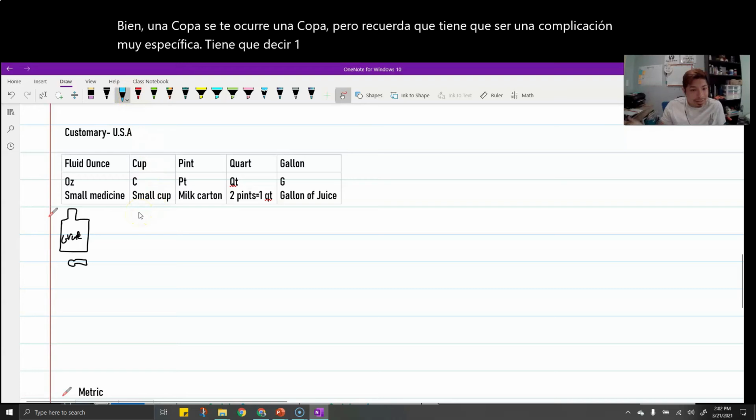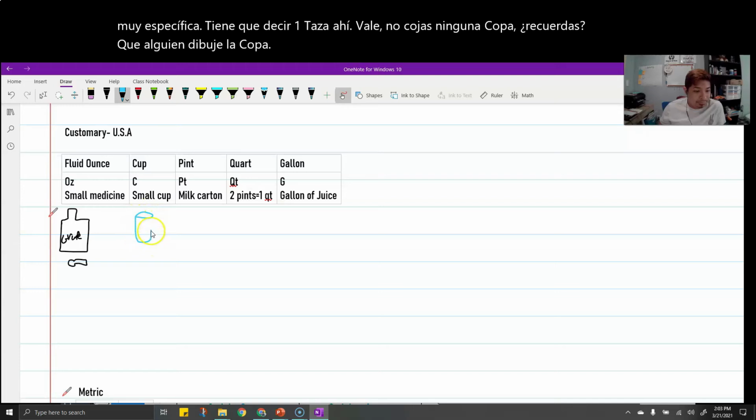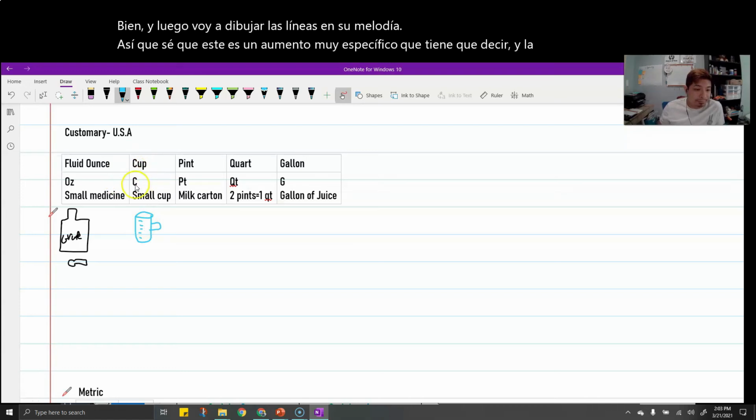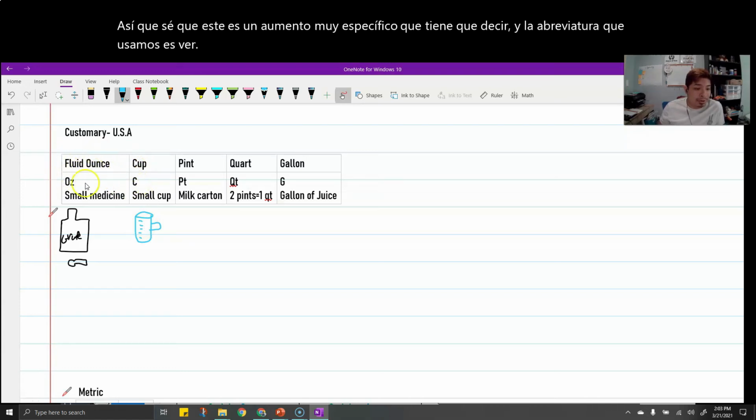Don't just grab any cup, remember? So I'm gonna draw a cup with a little handle, okay? And I'm gonna draw the lines on there too, so that I know that this is a very specific cup. The abbreviation that we use is C. I'm sorry, for fluid ounce it's OZ.